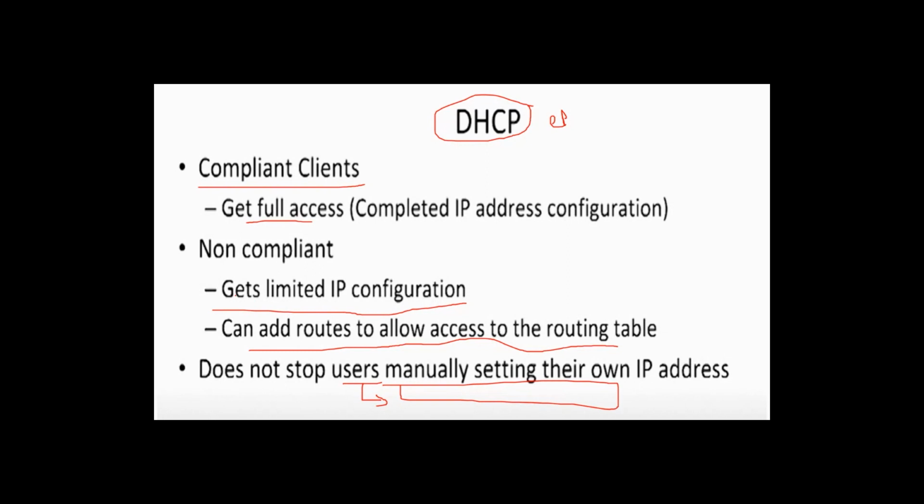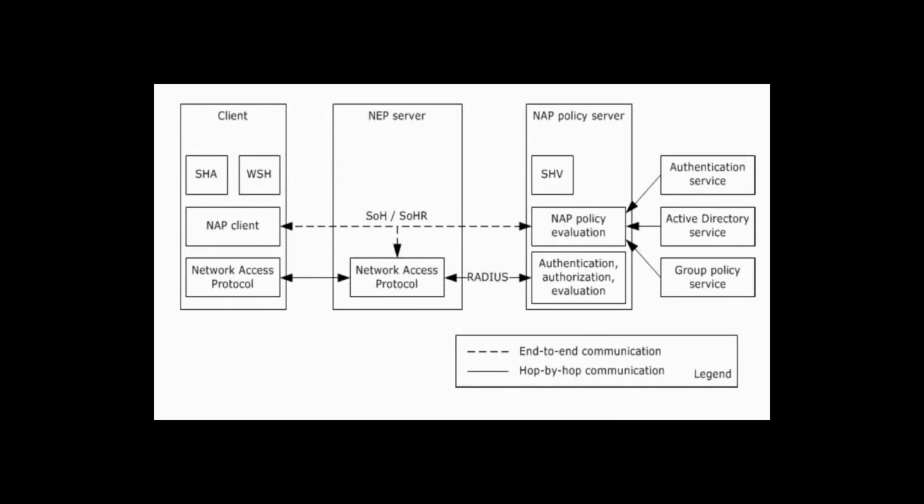So if DHCP is the only enforcement point used, some clients can define the IP address manually, and I guess IT people can easily do that and jump into the real network. So we should use DHCP enforcement points together with other protection techniques as well.